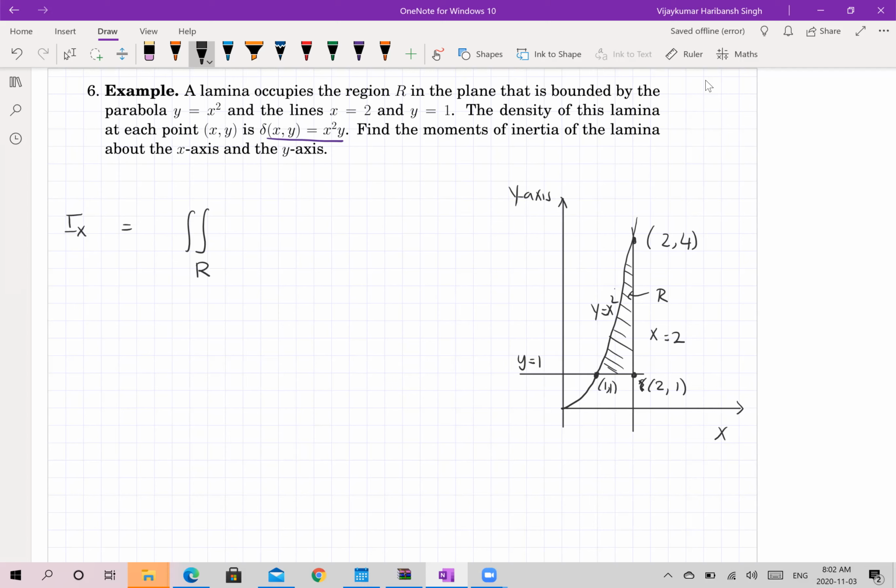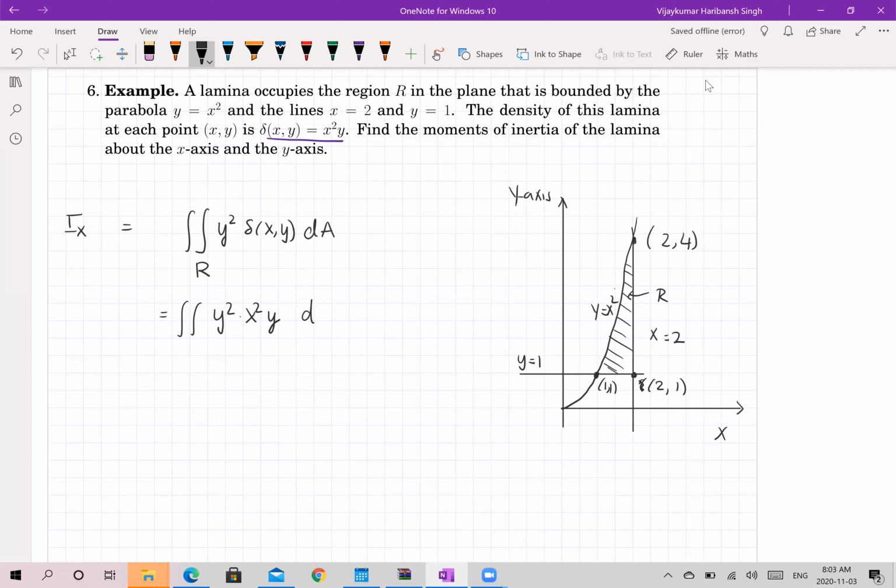Ix is the integral of y squared times the density xy dA. Now that is going to be y squared times x squared y.